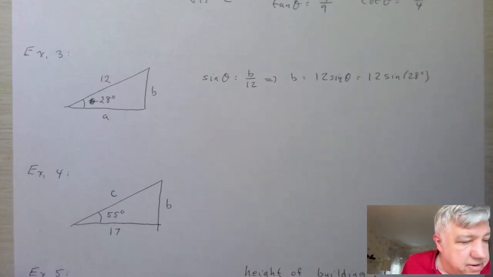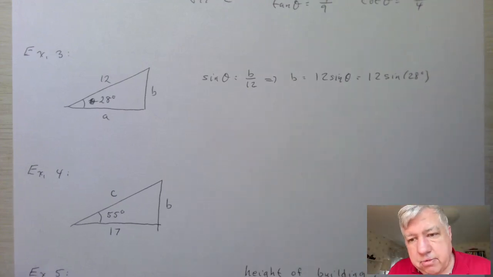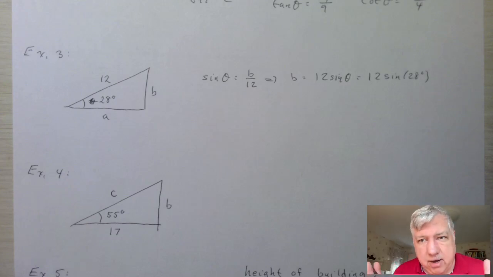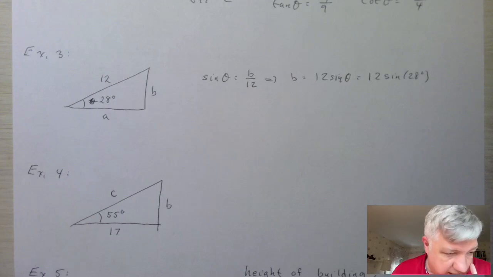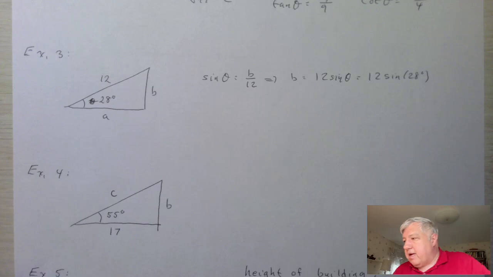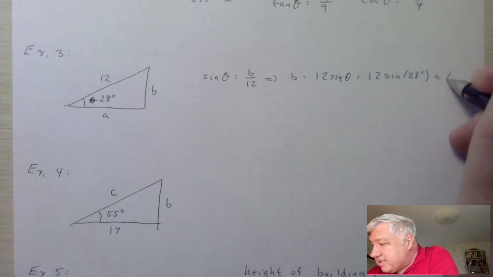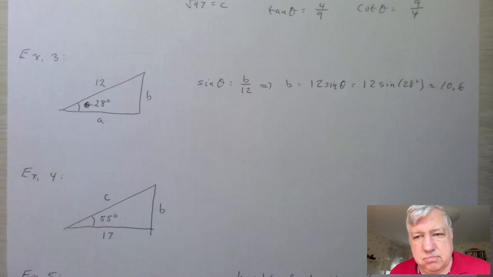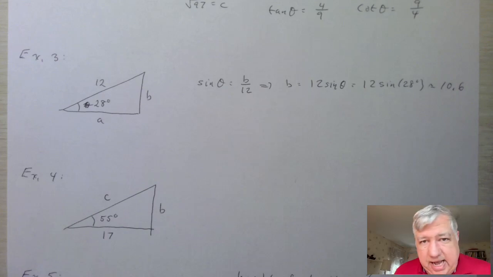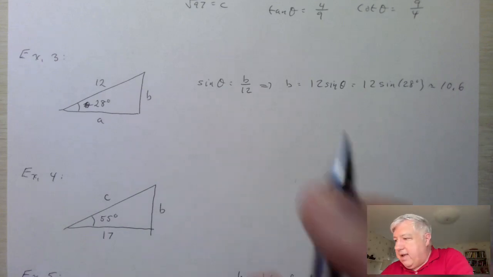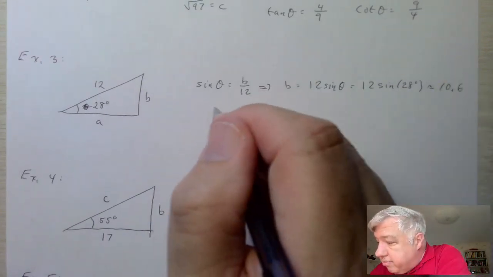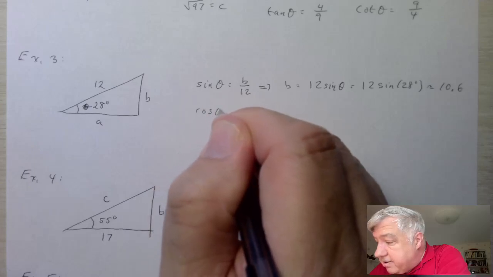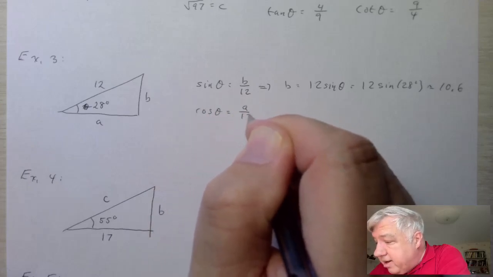Make sure your calculator is in degree mode. And then when you do that, this turns out to be approximately 5.6. We're only going to use 1 decimal point right now, because accuracy really isn't the point of this. And then so that's B, and then A. Well, the cosine of theta is going to be a divided by 12.